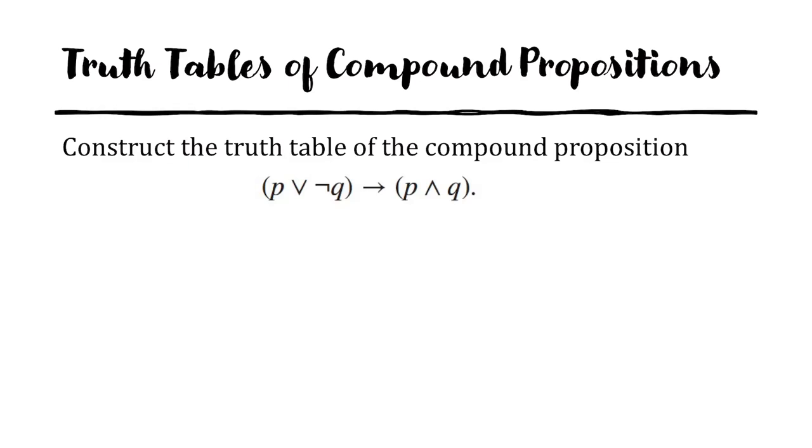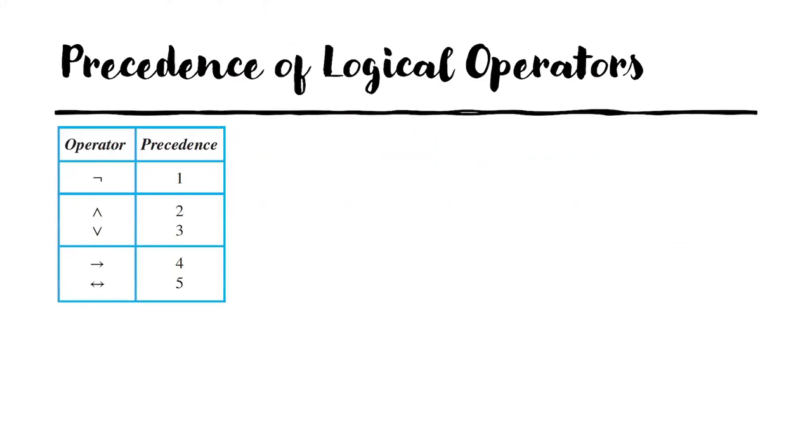The order in which you construct the truth table for a compound proposition will follow this precedence.